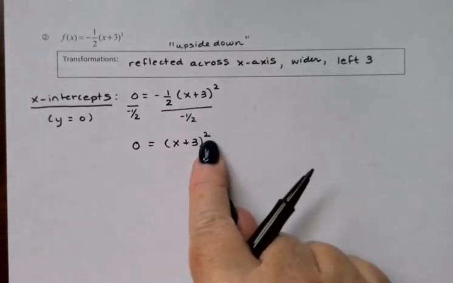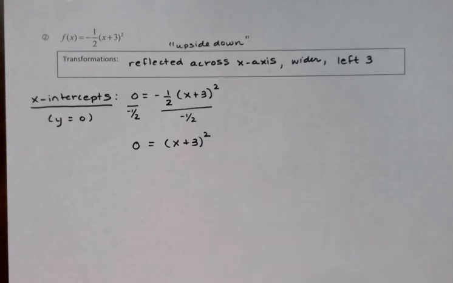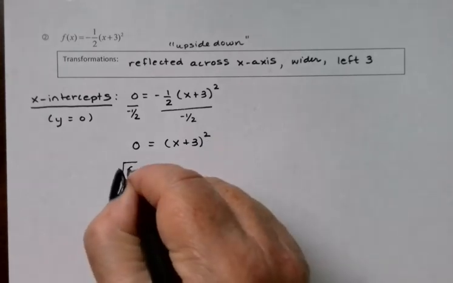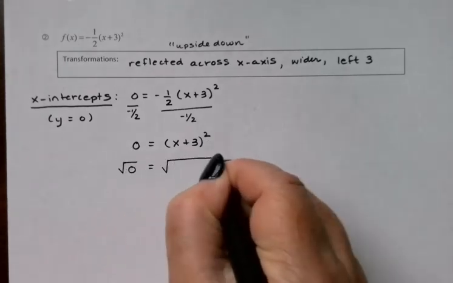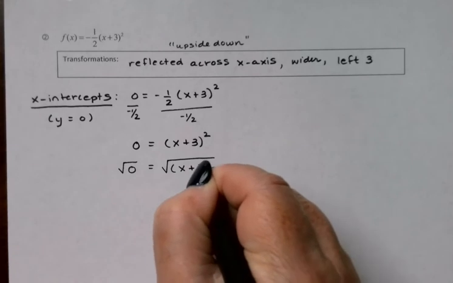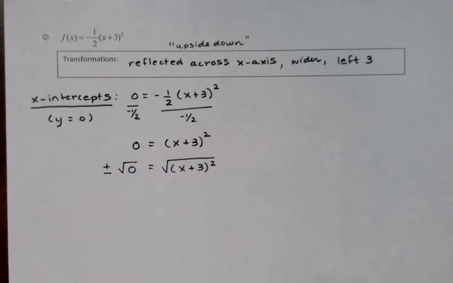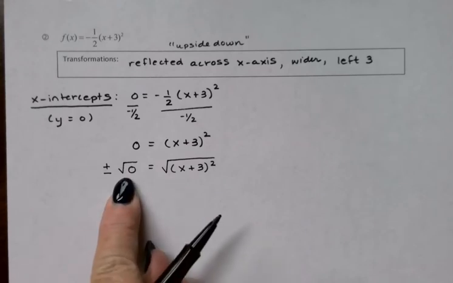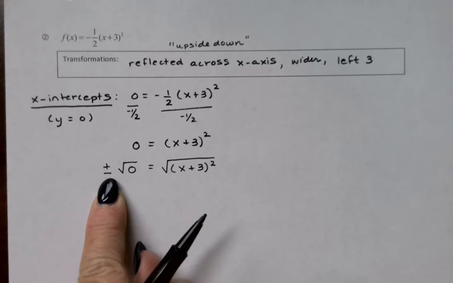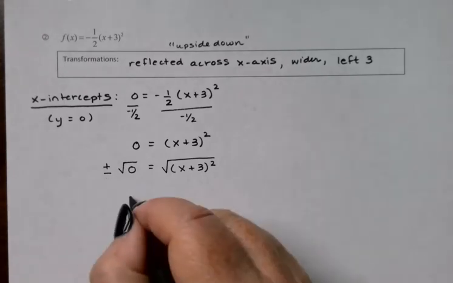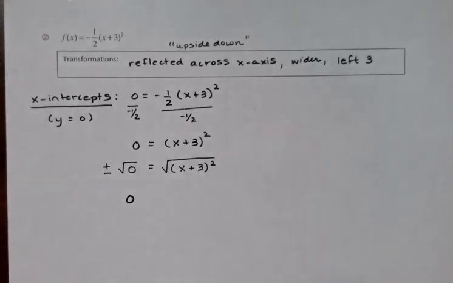And then to get rid of the square, once again I'm going to use the square root method, so I'll square root both sides, putting a plus or minus on the left. But the square root of 0 is still 0, and positive or negative 0 is still 0. So this whole left side is just 0 this time.